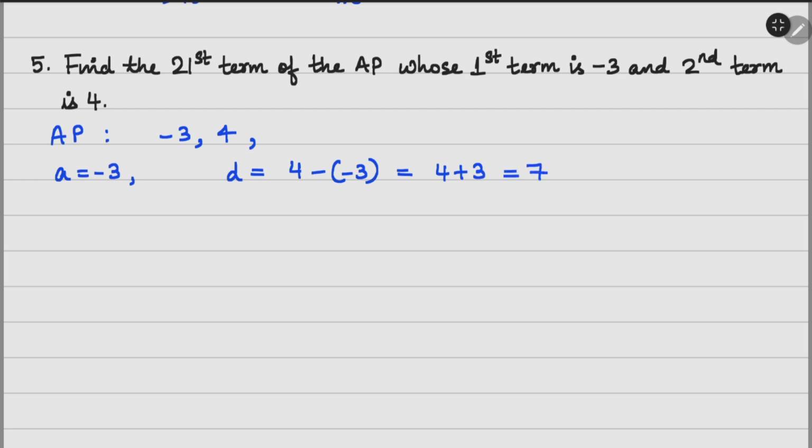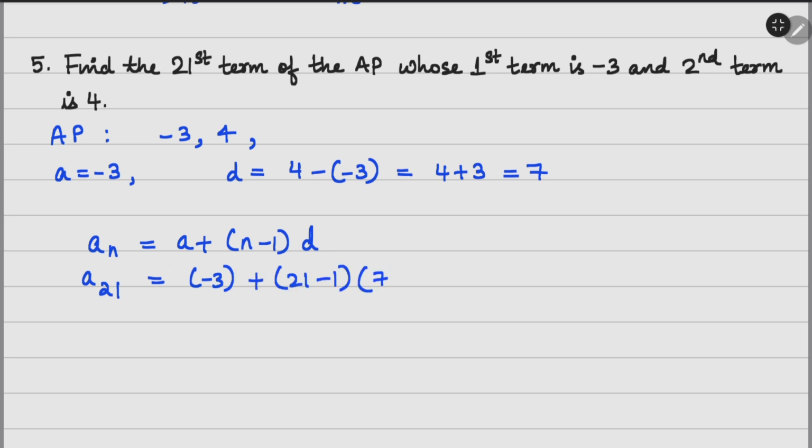If you know A and D, you can find out any nth term. So we know the formula an equal to A plus n minus 1 into d. You have to find the 21st term, so n equal to 21. A is minus 3 plus 21 minus 1 into d, which is 7.